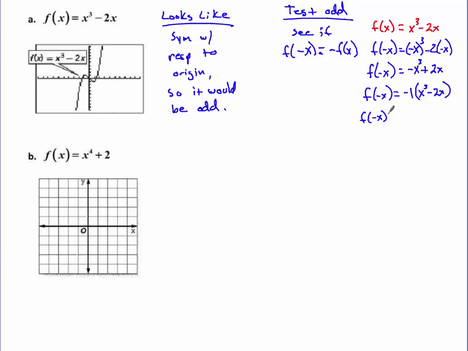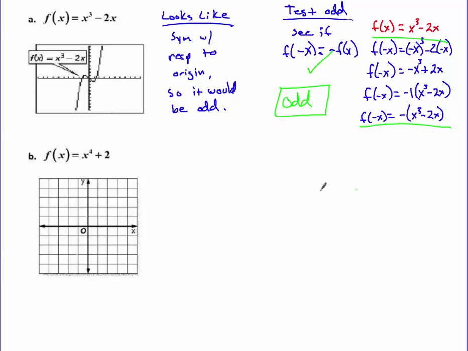So negative of x cubed minus 2x. And you can see that our f of negative x is the negative of our f of x. So we can say that that worked, and this is an odd function.